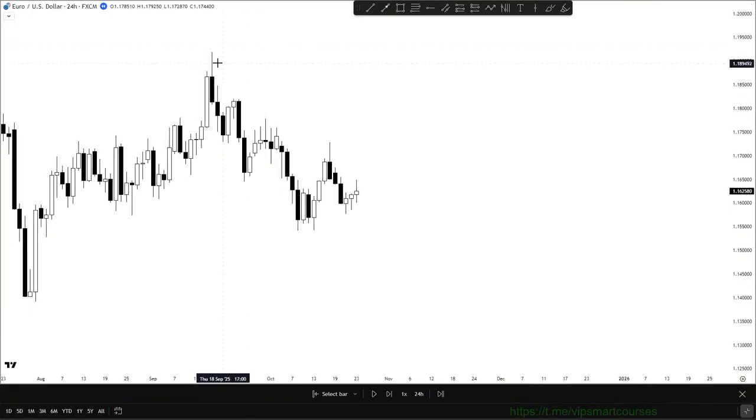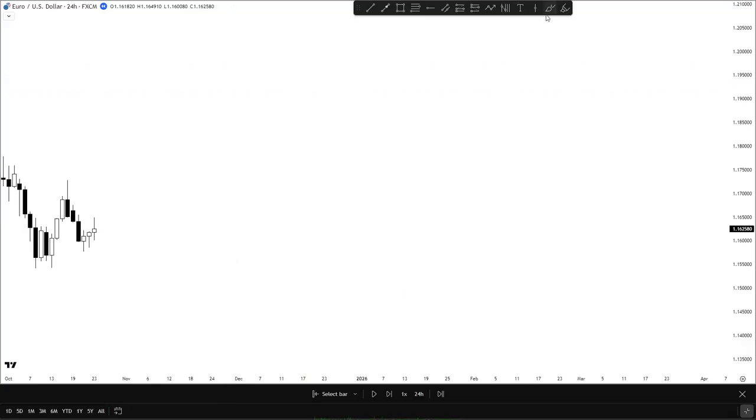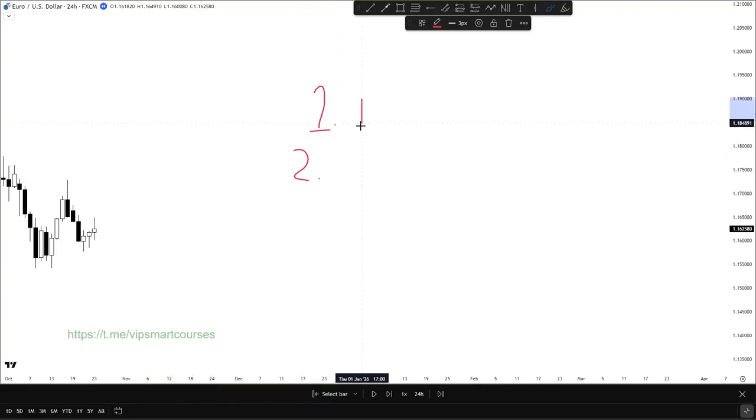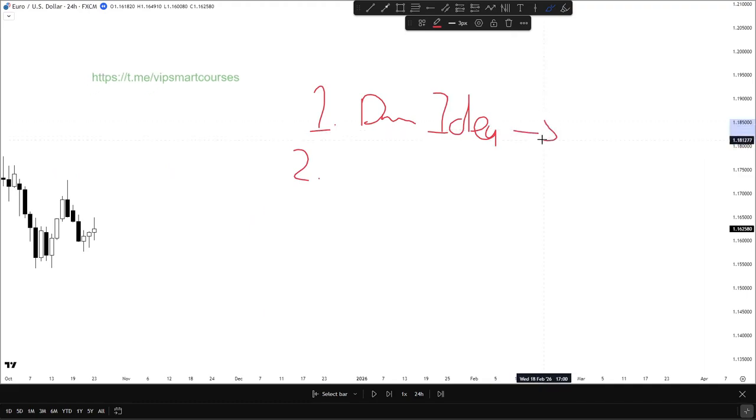So first of all, if you watched chapter 2, then you'd know that we have two components for determining a directional bias. The first step is determining or building a directional idea through the concepts within the structure component.